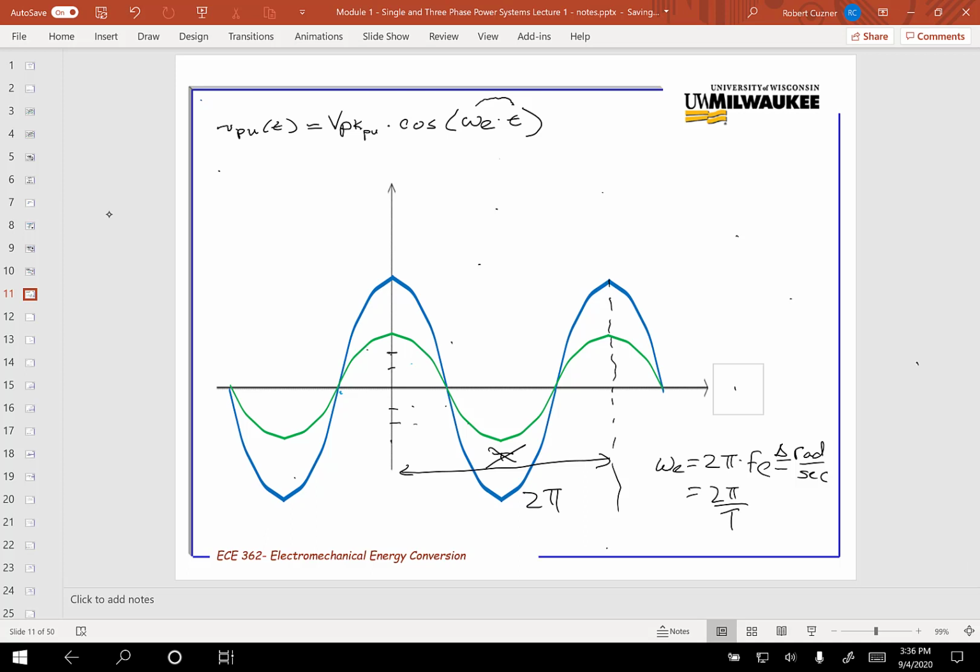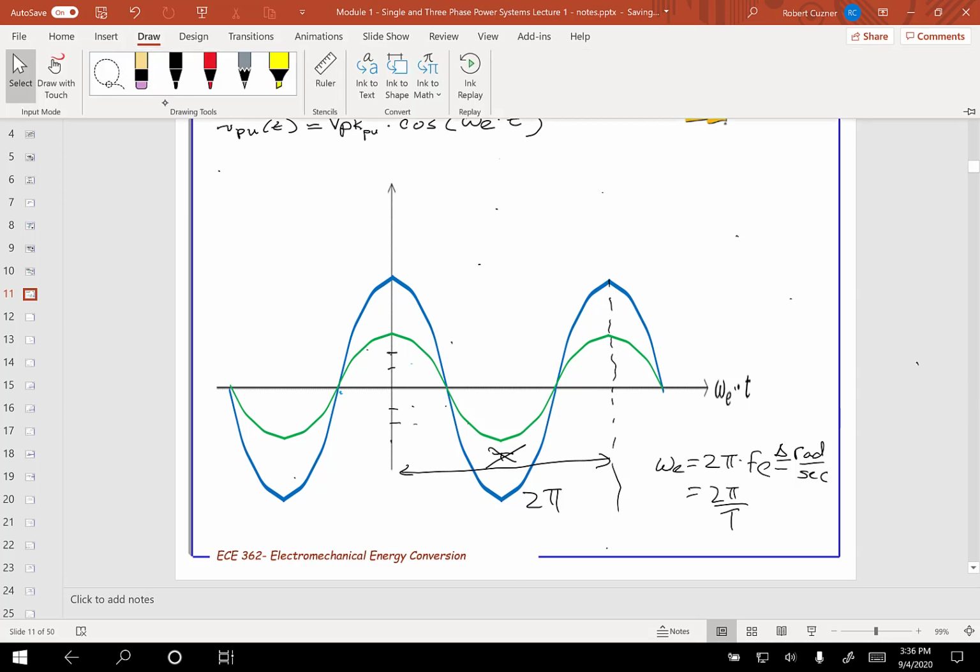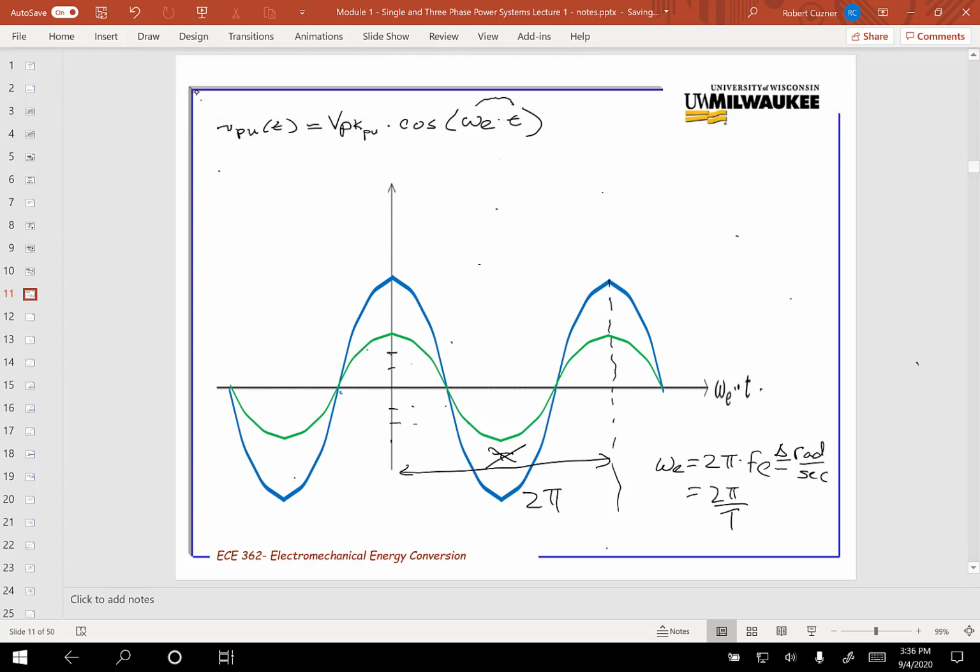And if we do that, then we can also change what this axis is. That axis is really the same thing as saying omega e times t, and that is an angle. And we could also say that that angle is, we'll just call it theta e.